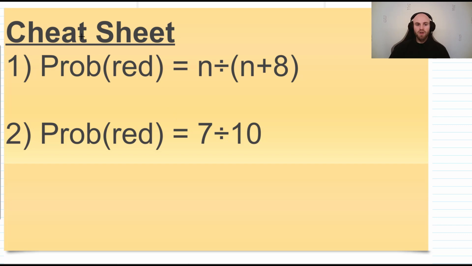Okay. So we have two probabilities for red in two forms, let's say. The probability of red, if we are thinking that there are n sweets that are red, well, the total is going to be red over red plus yellow, which is why here we're going to have n divided by n plus 8. So red plus yellow is going to be the total. And we're also given another probability that it will be red, which is 7 over 10.